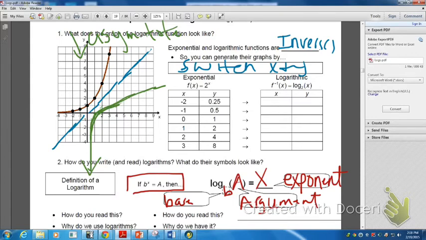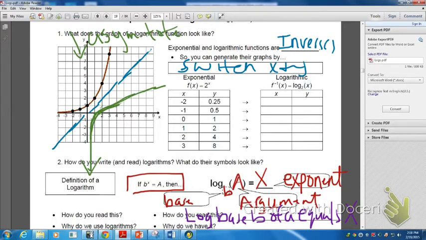So that's how you read it. Log base b of a equals x. I want you to say it with me.